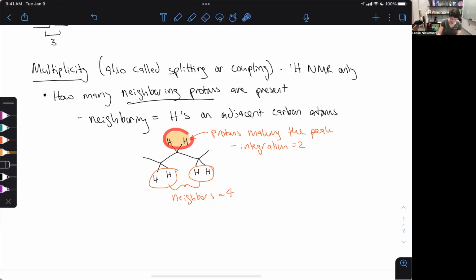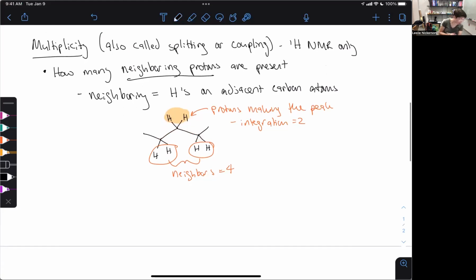Okay, so that's what we're looking at. If we're looking at these H's, we want to look at the carbons attached and how many H's are on those carbons. All right. So when we're looking for multiplicity, we're looking for the number of neighbors plus 1 is going to be our multiplicity for that peak.